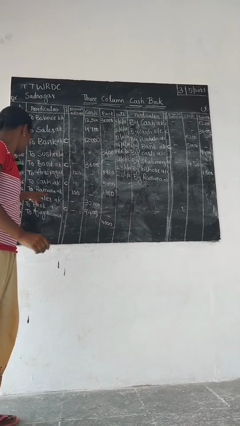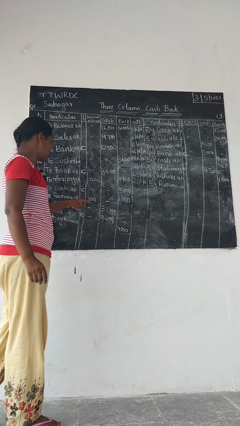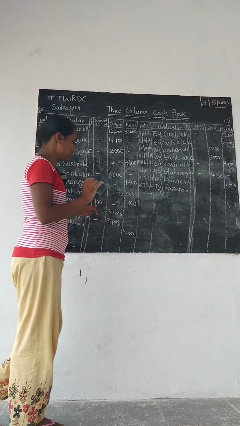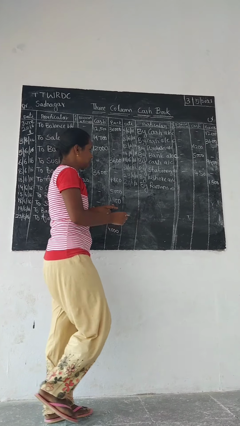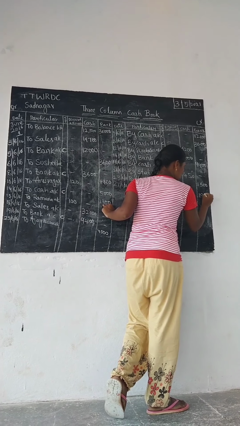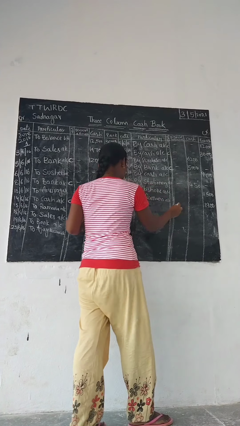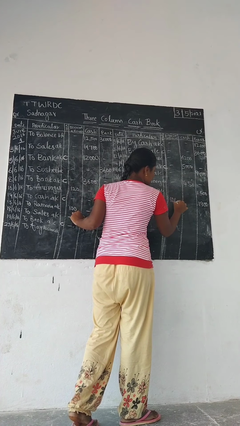Here on the 15th we received a check from Ramana, but it is dishonored. We should write the same amount, 19,900, in the discount received.